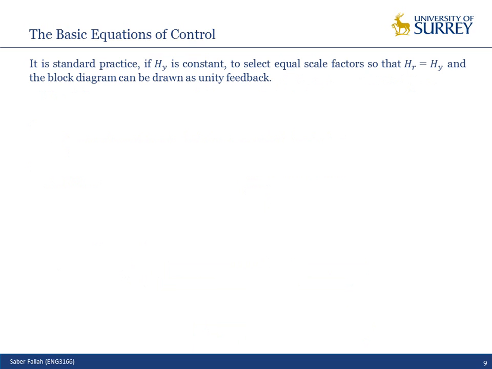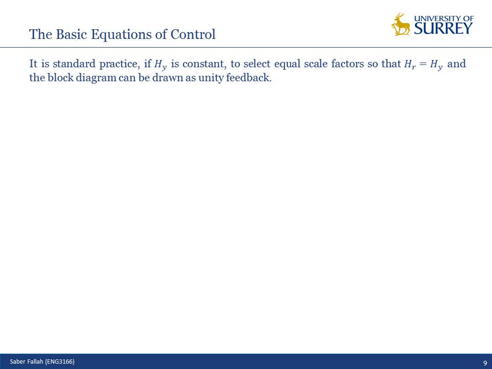In reality, both HR and HY are constant gains. And it is proper for a good control system design, and practical, to select HR equal to HY.